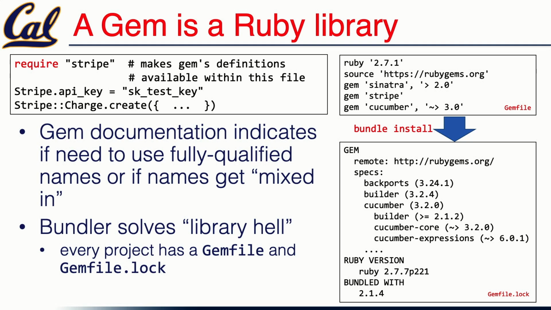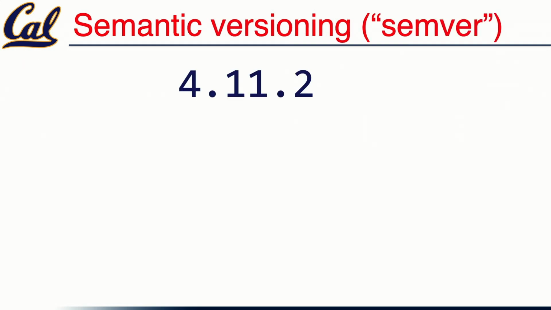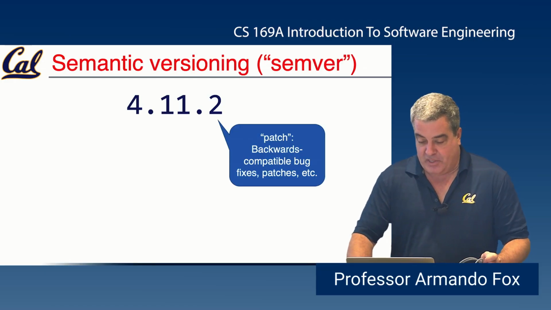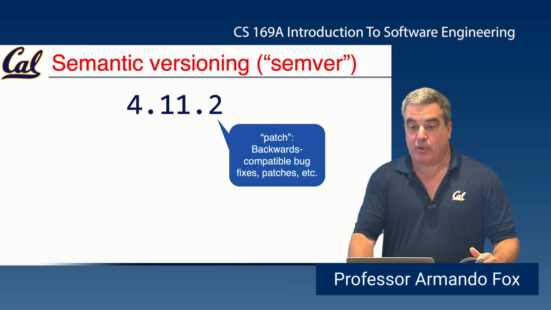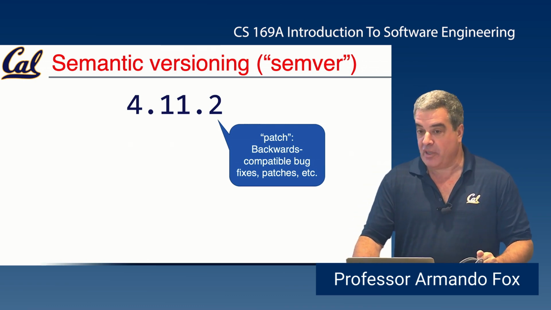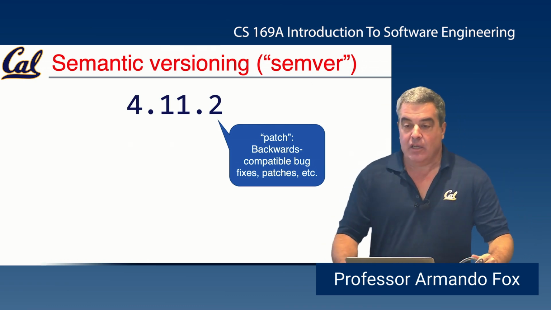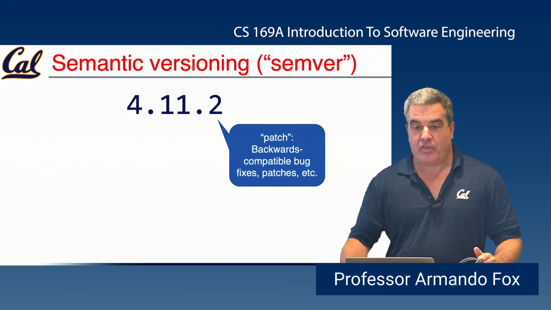The way that Ruby does versioning, which is the way a lot of languages and packages do it now, is what's called semantic versioning. That means the version number will typically have 3 parts separated by a dot. The rightmost part is a patch or a backwards compatible bug fix. So when it goes from 4.11.2 to 4.11.3, usually it means there's some bug or other thing that has been fixed.